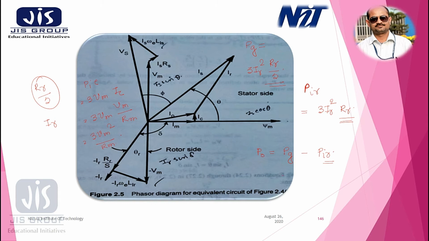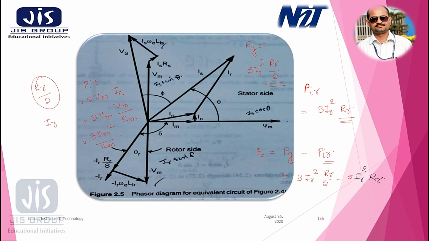So this becomes 3 IR square RR by S minus 3 IR square RR.